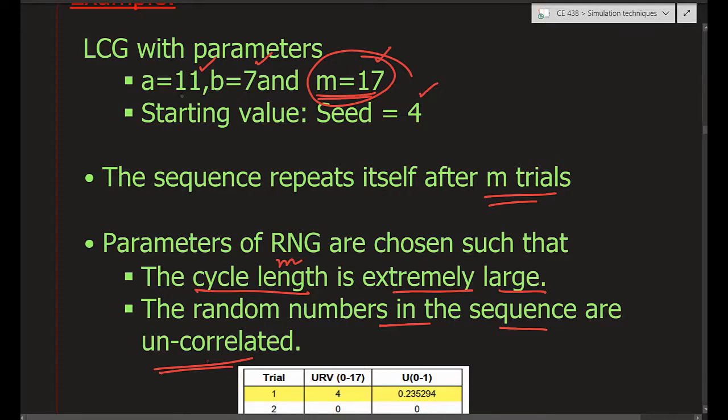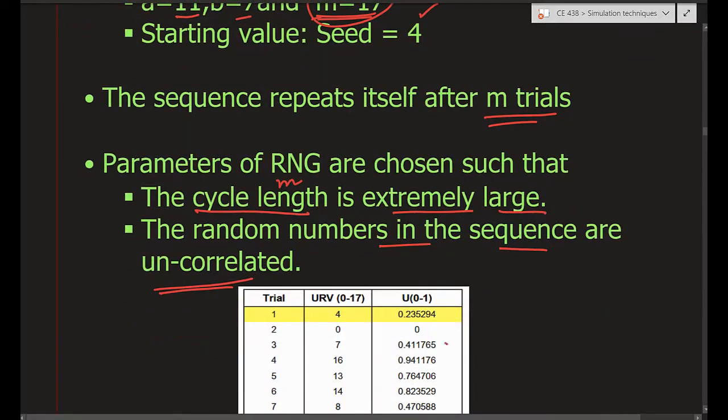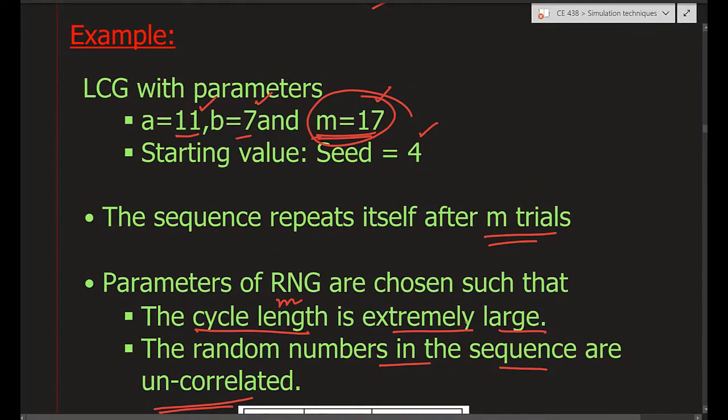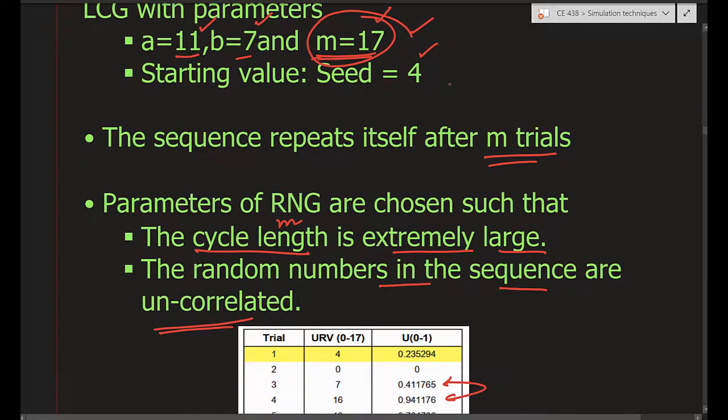Also I have to choose the parameters such that any two consecutive numbers are not correlated. So we have to choose a, b and m in such a way that they satisfy the random number generation assumptions. The first assumption is that these numbers should be independent and uncorrelated. So we can take the initial starting value and the a, b and m values so that they satisfy the assumptions of a random number.